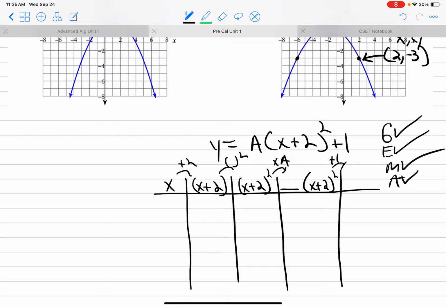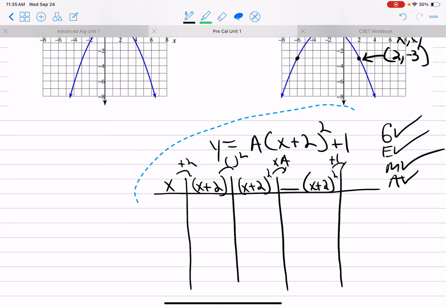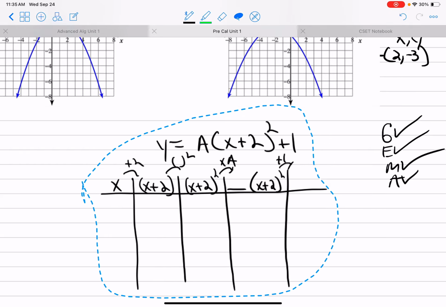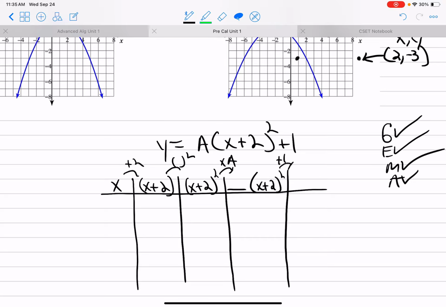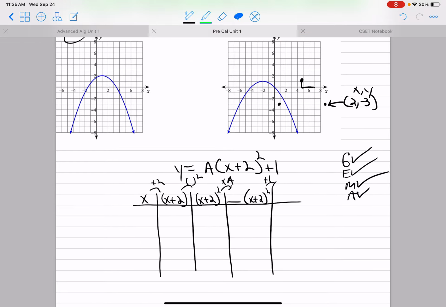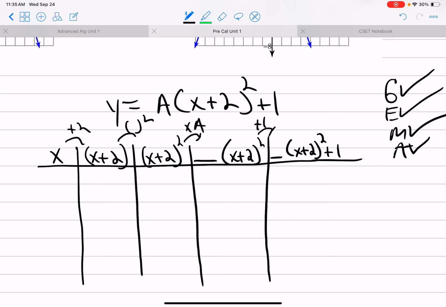Now this is kind of smushed in here, so I'm going to move my stuff over. But hopefully you left space in your notebooks. So I just moved mine over. Plus 1, you can see it still. All right, so this is going to leave me with the a value times x plus 2 squared plus 1. There's my complete Gemma table.